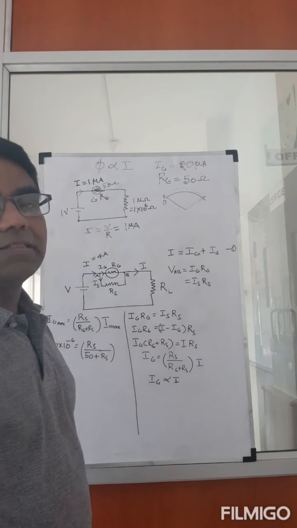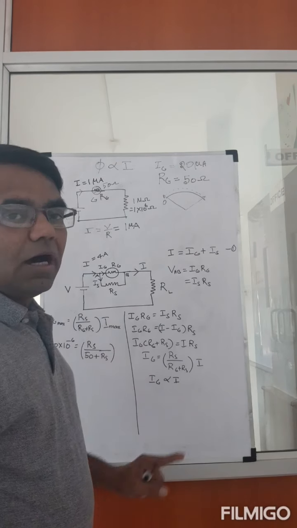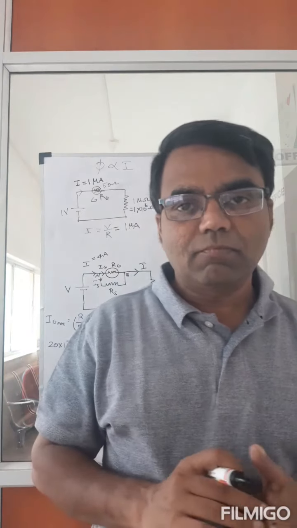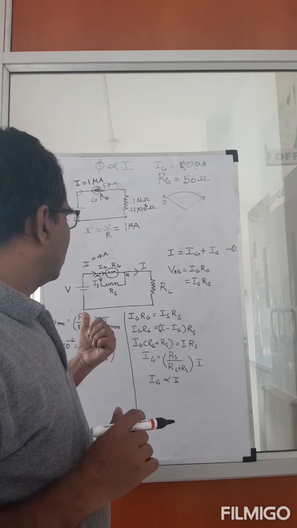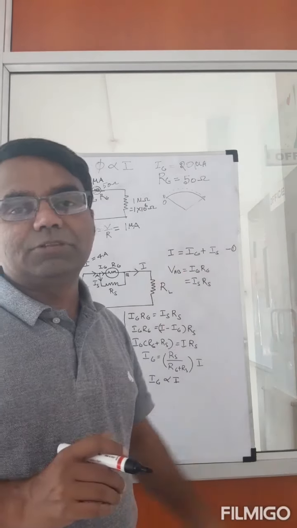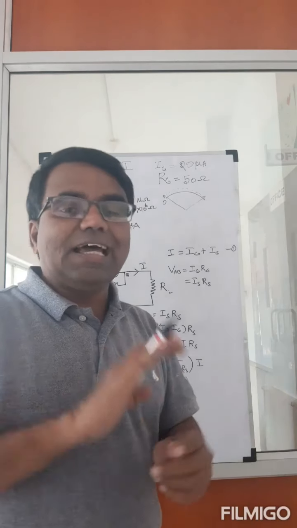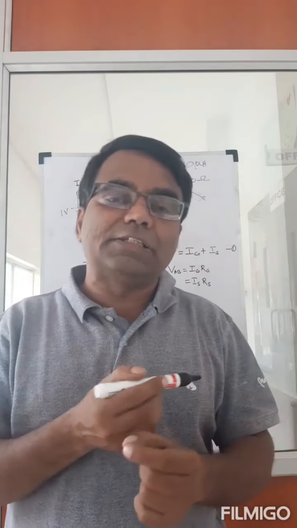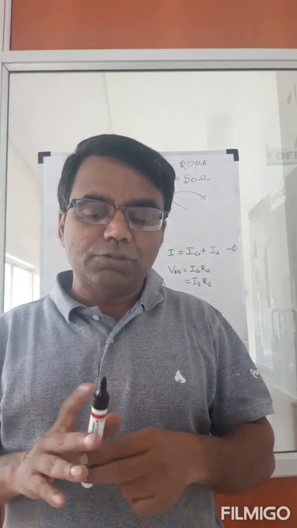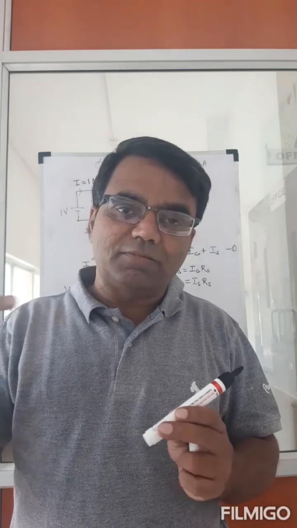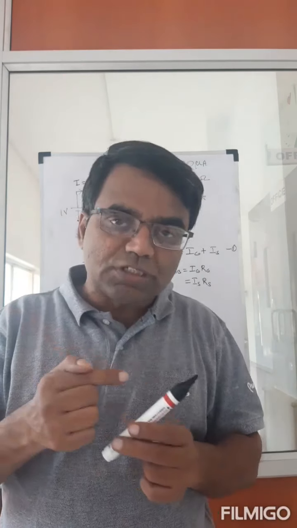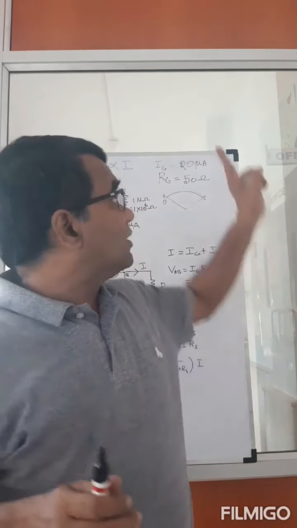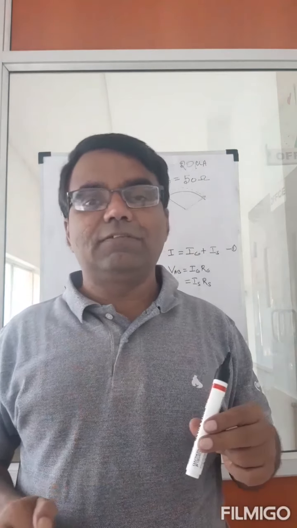Now look at this, I max. I max I can choose anything. Suppose I want my galvanometer to measure from 0 to 10 amps. So when the current through the circuit is 10 amps, my galvanometer is going to show the full scale deflection. That doesn't mean the 10 amps is going through the galvanometer. What it means is that when 10 amps flows through the circuit, then 20 microamps flows through the galvanometer.